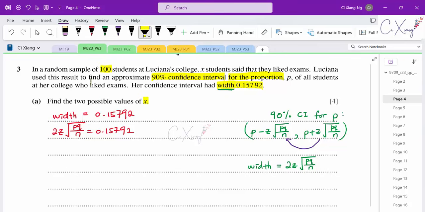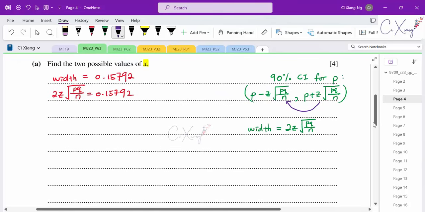Now we have another problem, which is the Z. We need to find the value of Z first for the 90% confidence interval. For 90% confidence interval, how to find the Z?